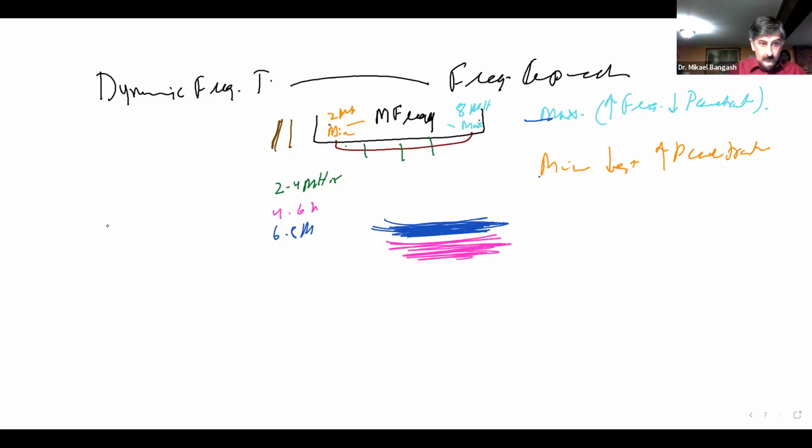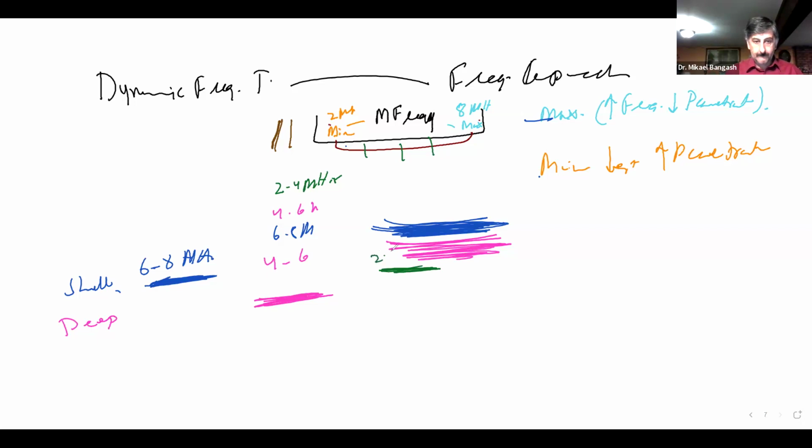Well, let's do it this way. 6 to 8 megahertz produces this, which is going to be shallow. 4 to 6 is going to produce this, which is going to be deep. And we can say 2 to 4, for instance, is going to produce this part here, which is going to be the deepest.